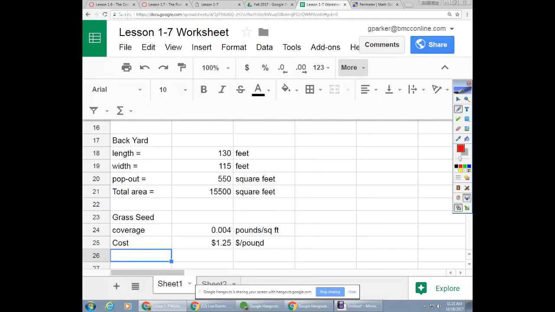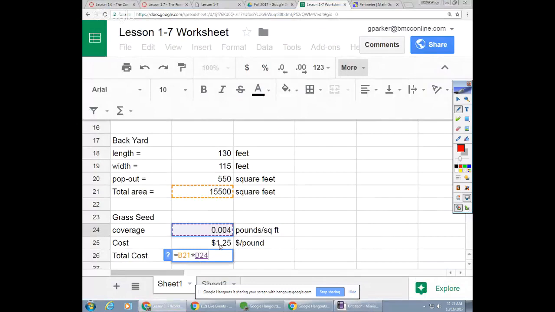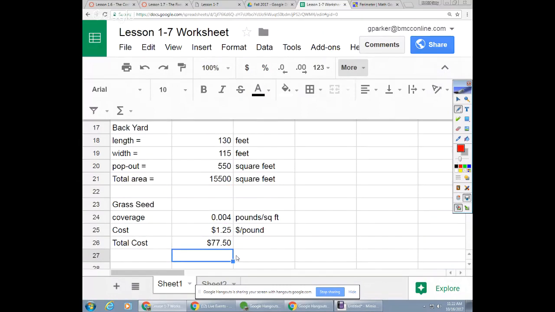And so we just figured out that to get the total cost for the seed, I'm going to take our area, so equals, take my area, multiply it by my coverage, which multiplies by 4 and divides by 1,000, just like this fraction said to do here, and then multiply by the 1.25. Okay, so just the grass seed alone is going to cost $77.50.